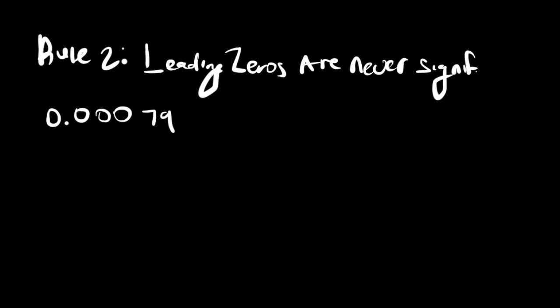These zeros right here are not significant because they're leading zeros. But the 7 and the 9 are significant. So that would make it 2 significant figures.